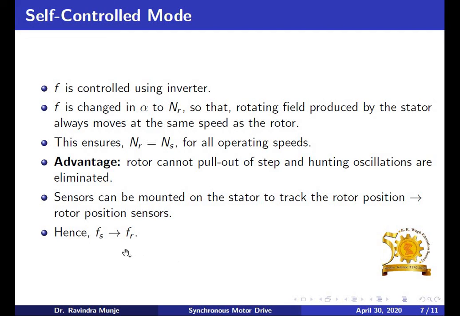Right? Stator supply frequency, that is Fs, can be made to track the frequency of these signals which are coming from the rotor position sensors. Fr is a frequency signal coming from the rotor position sensors. So this is self-controlled mode.